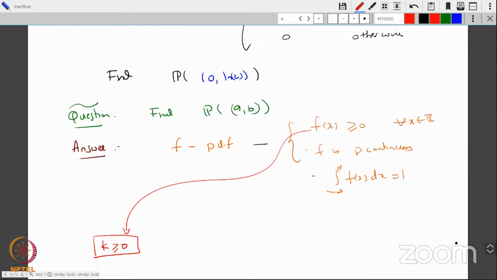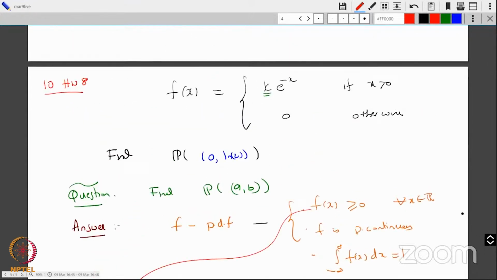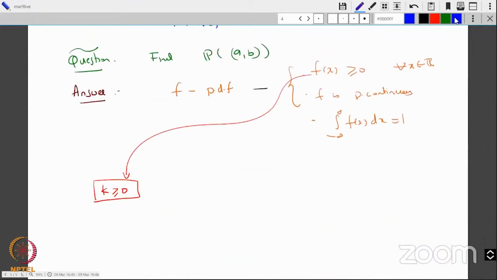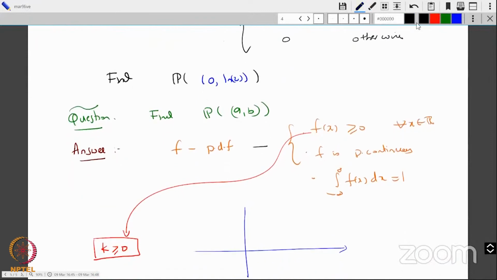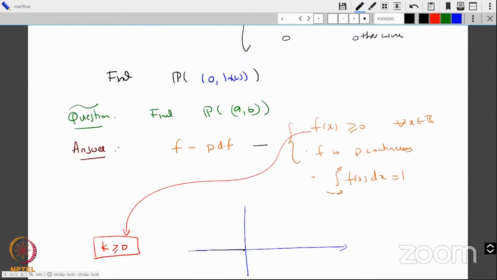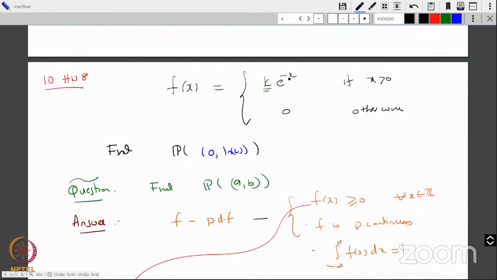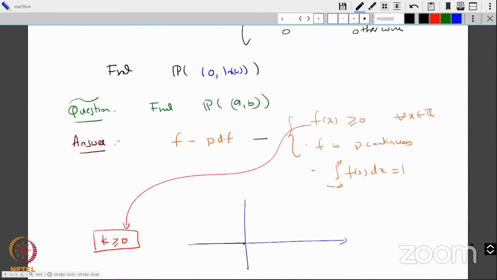Now, f being piecewise continuous is automatic. Let's draw a graph of f. Here f is 0 till 0, and at 0 it's k times e to the minus 0, which is k. So it starts at k, and then it just comes down.